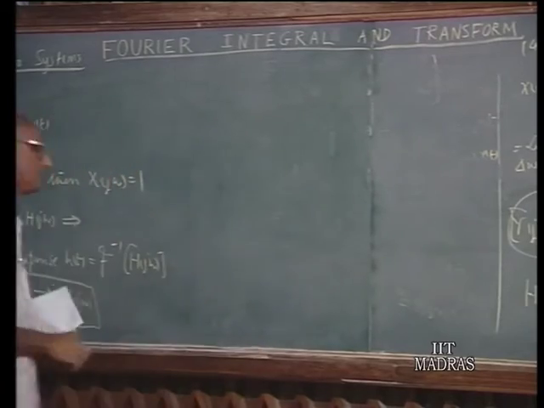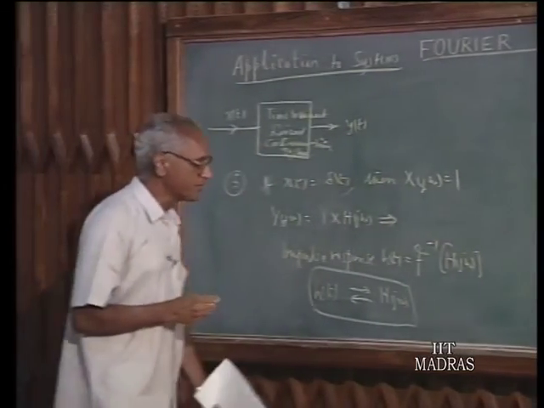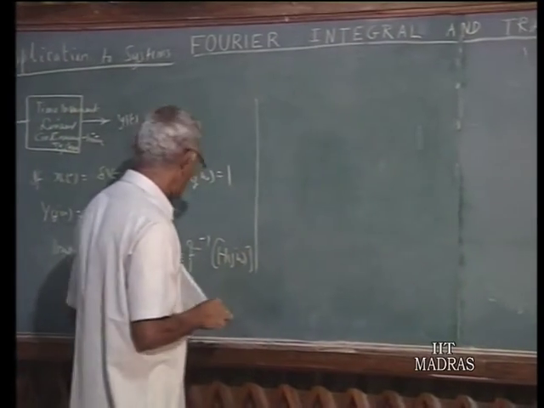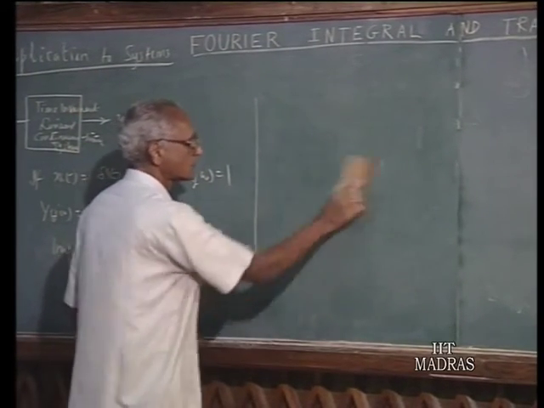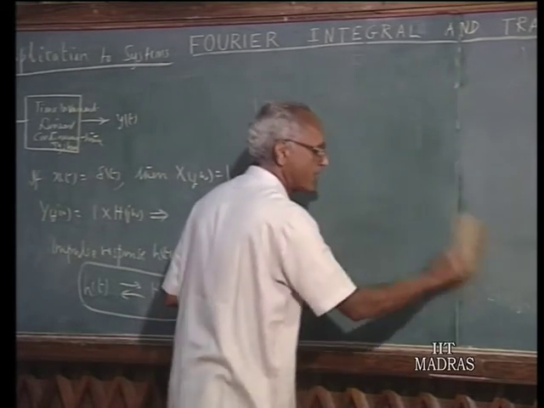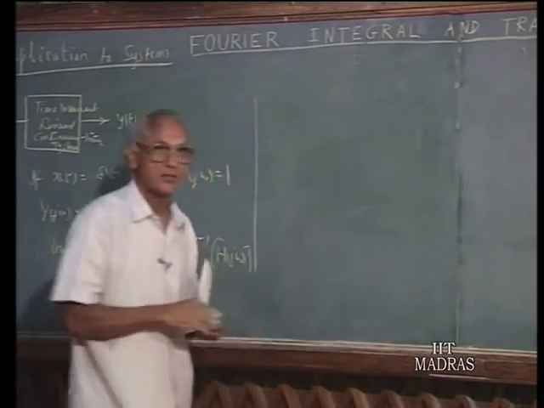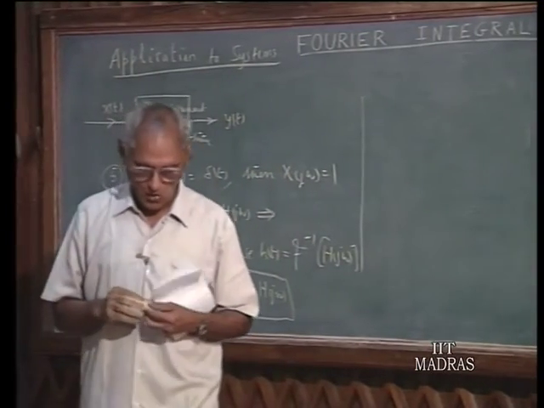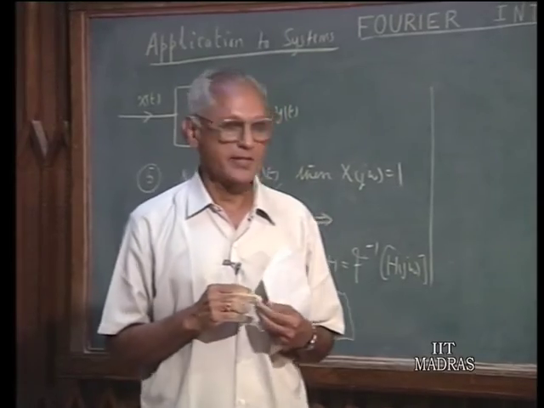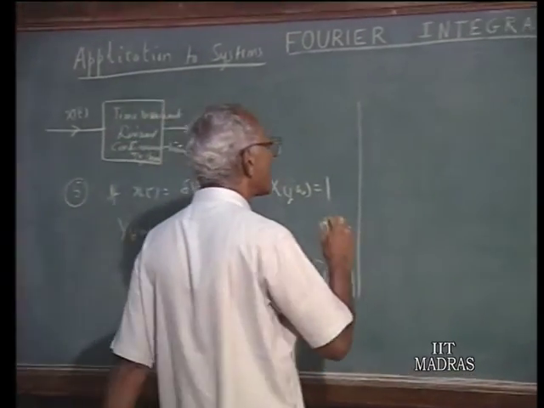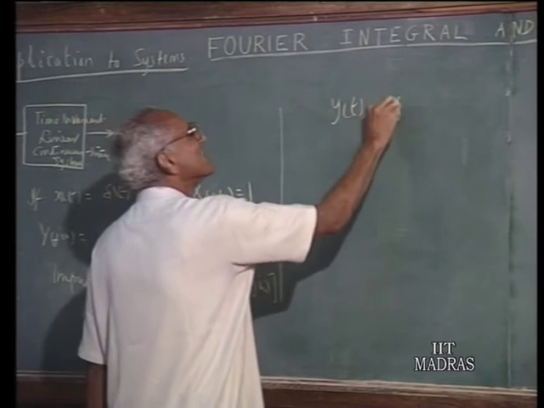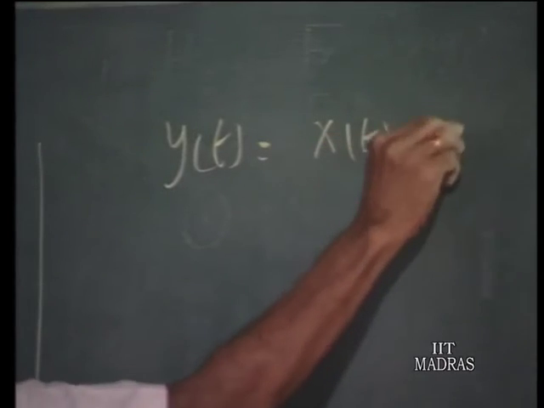Now, this idea ties in nicely with our convolution property. You recall that in our introductory lectures, I mentioned that the output can be thought of as the convolution of the impulse response and the input. So, you recall that we said output y of t is the input x of t convolved with the impulse response.